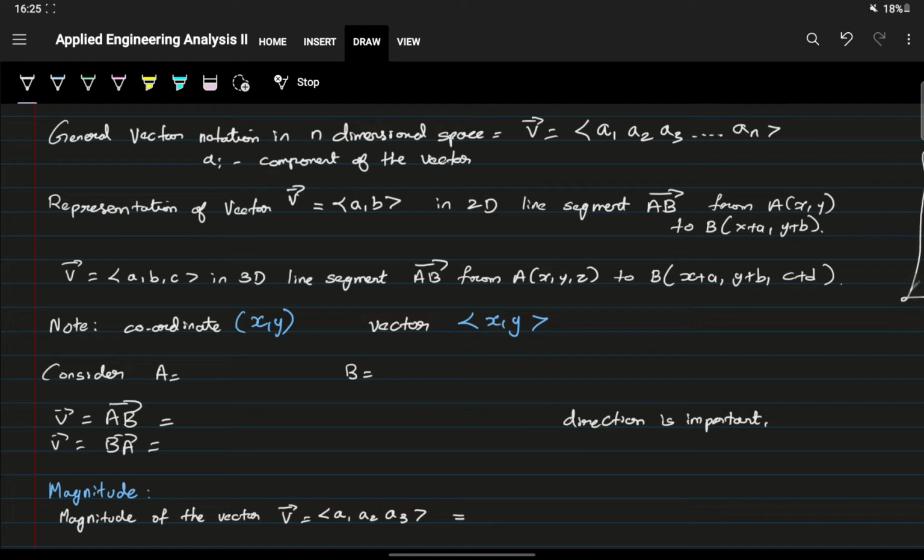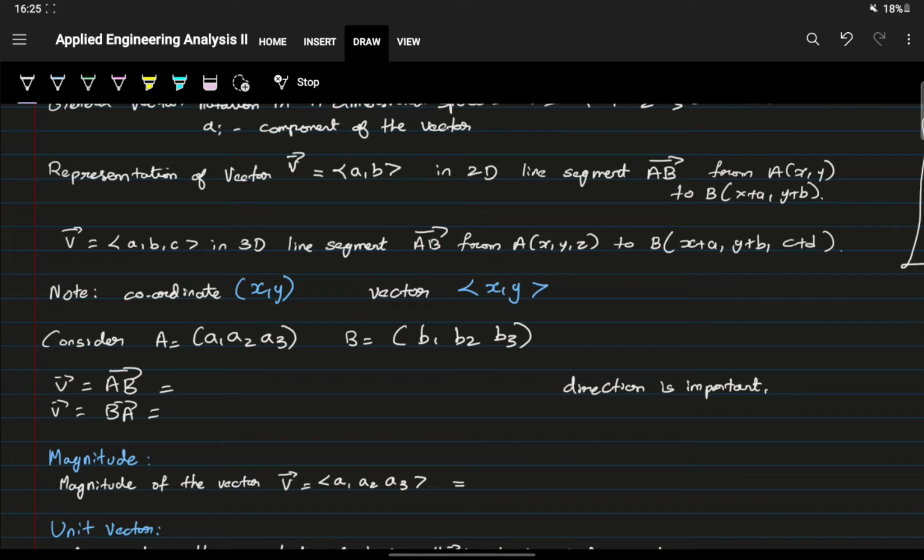Now, let us consider three-dimensional coordinates A1, A2, A3 and B1, B2, B3. Then the vector A to B can be determined by this. Similarly, if the direction is from B to A, then this.